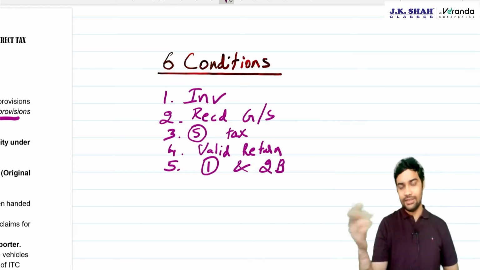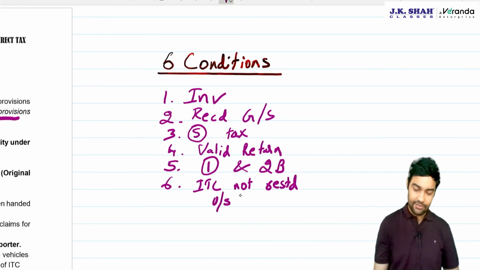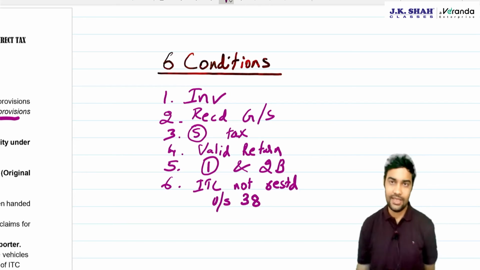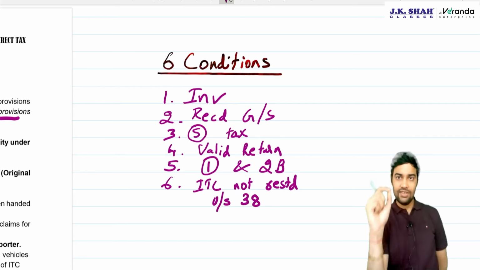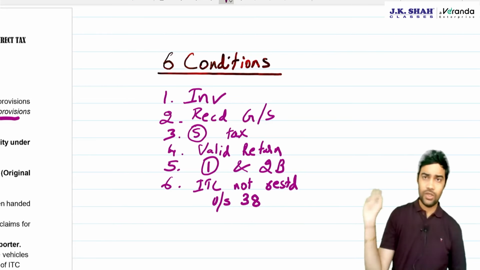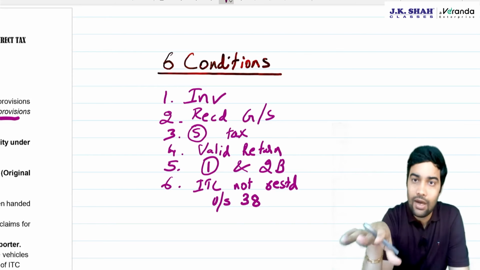Invoice or debit note comes in GSTR 2B of the recipient. Sixth, ITC is not restricted under section 16(4). These are the six conditions. Correct? Yes, sir. Now, if any of these six conditions are not satisfied, you will not get ITC. You are aware. Yes.